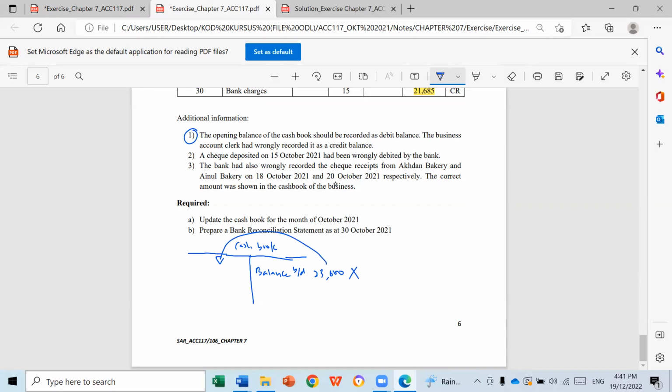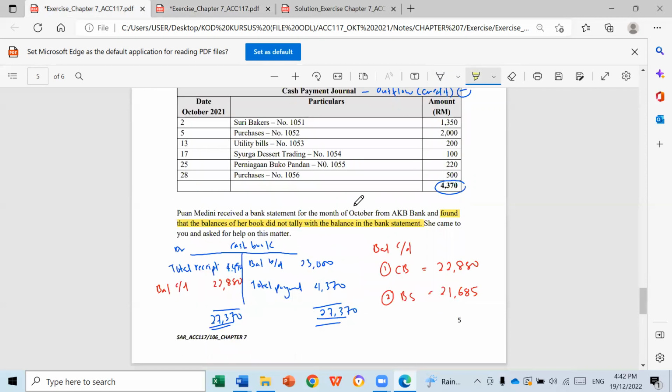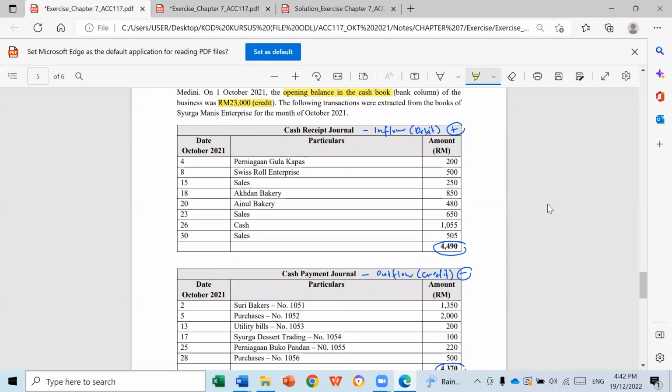Okay, never mind. Even though the business account clerk had wrongly recorded it as a credit balance, we are going to adjust it later on. First of all, let us match the items. What do we have? On the debit side of the cash book, we have a transaction on perniagaan gula kapas, 200.